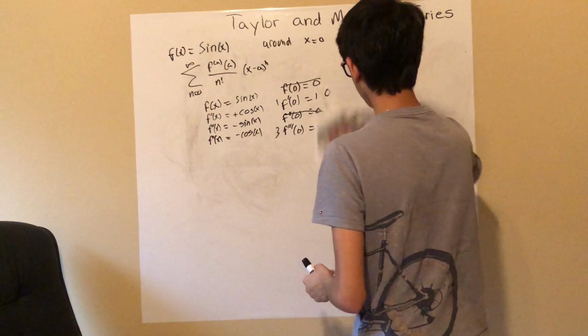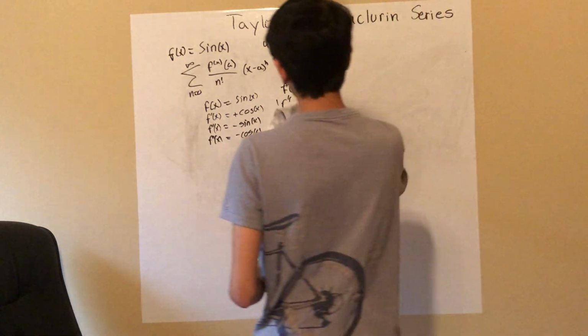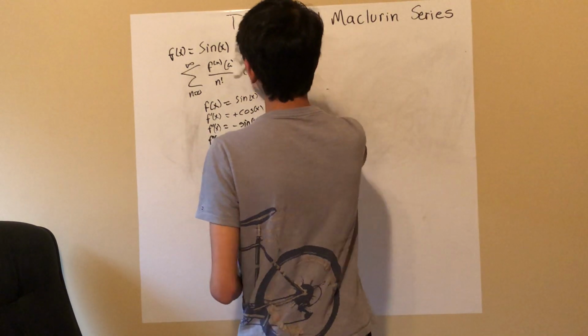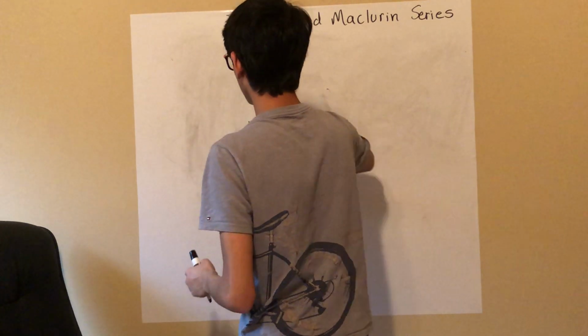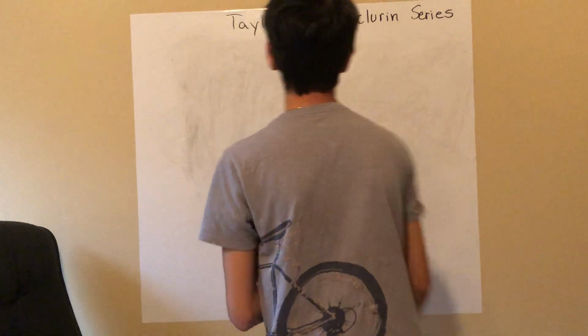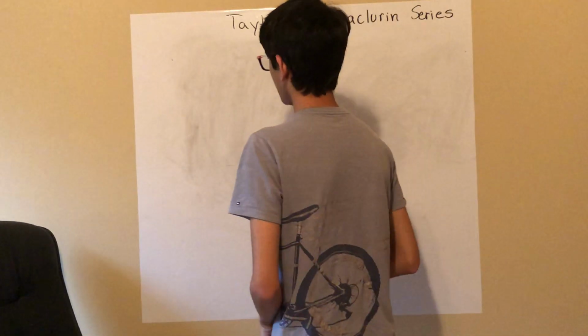And in that, she asked us to do something different. Instead of finding the series, she asked for the polynomial approximation of a value, which is actually about as easy as the actual thing.